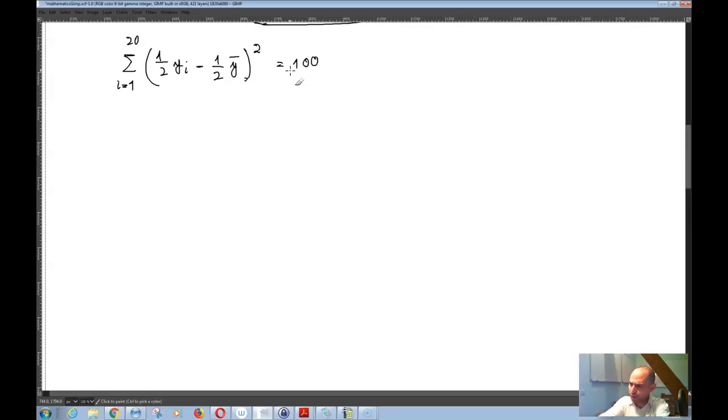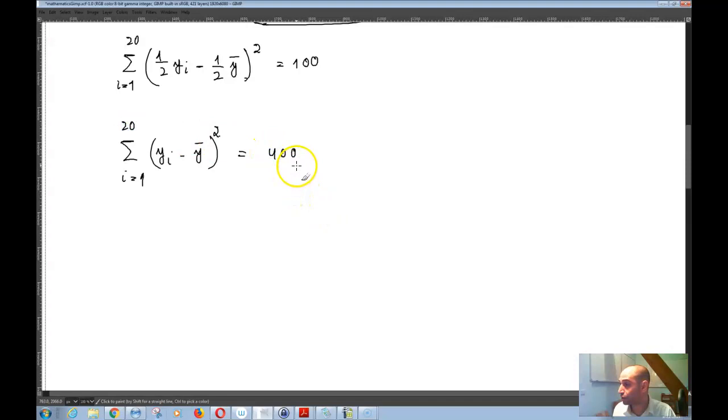So it seems that if you simplify this equation, what you will get is that sigma of y of I minus y bar whole squared, as I goes from 1 to 20, is equal to 400.